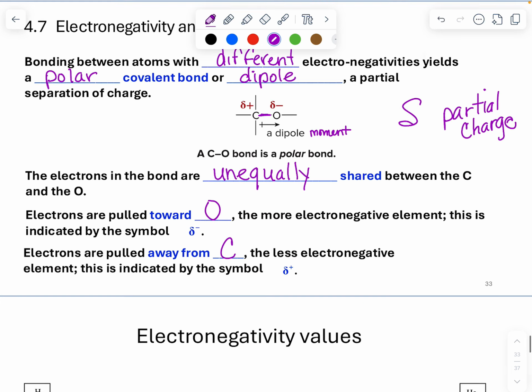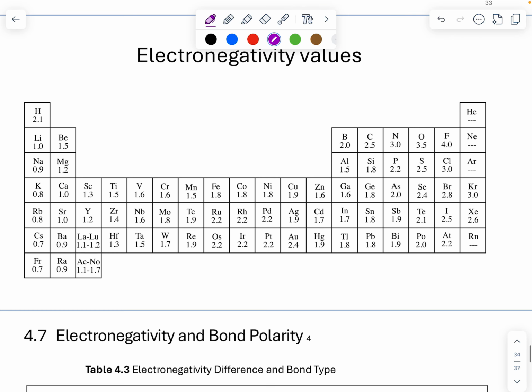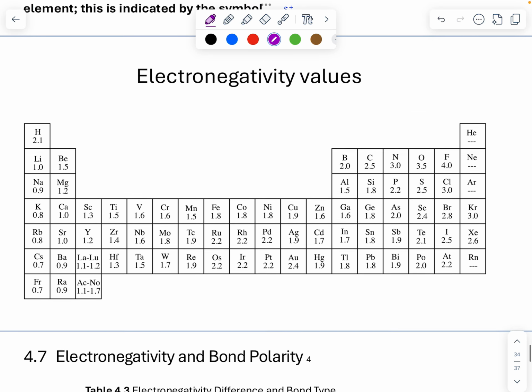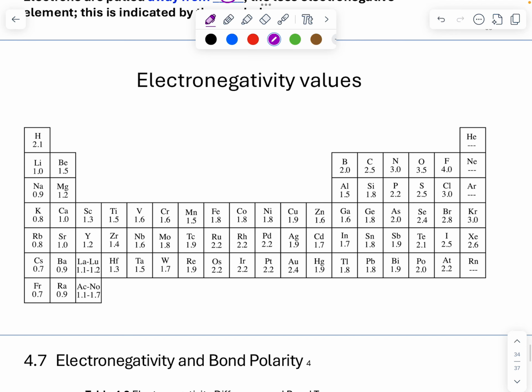So here's a full table of electronegativity values. And you can see the range all the way from the smaller numbers on this side of the periodic table all the way to the highest number, which is on this side of the periodic table, so it almost runs at a diagonal.